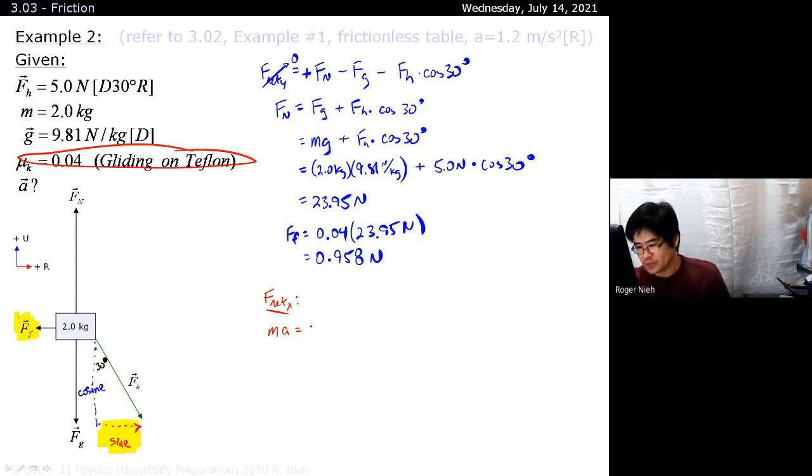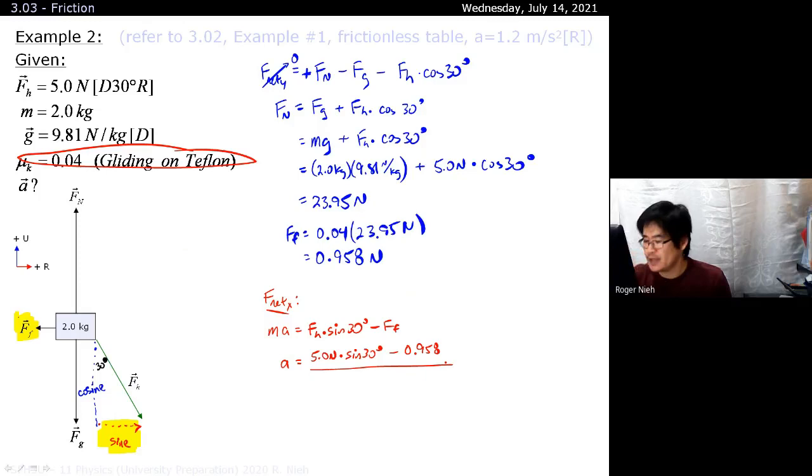And that will be our formula. F net x, which is also equal to MA, is equal to the force of the hand times the sine of 30 degrees, subtract the force of friction. So acceleration is going to be equal to the force of the hand, which is 5.0 newtons, times the sine of 30 degrees, which will give us 2.5, by the way. So 2.5 subtract 0.958 gives us roughly 1.5.